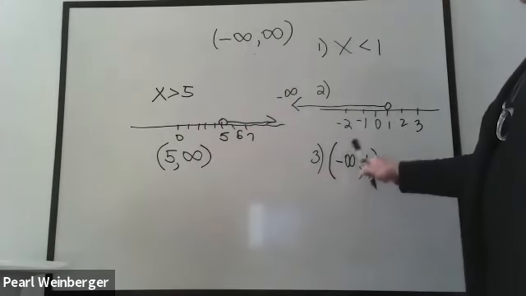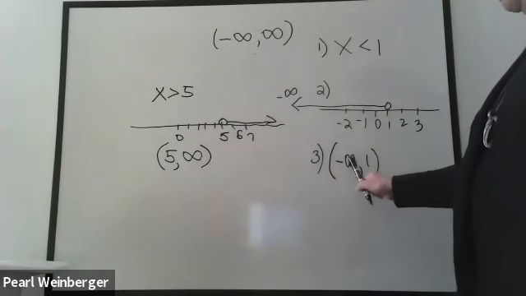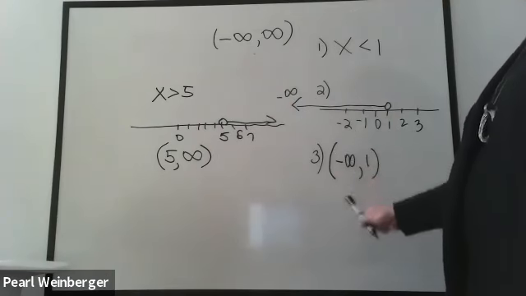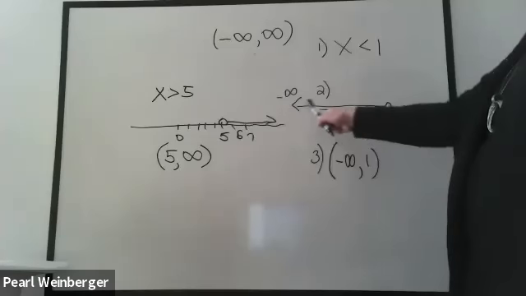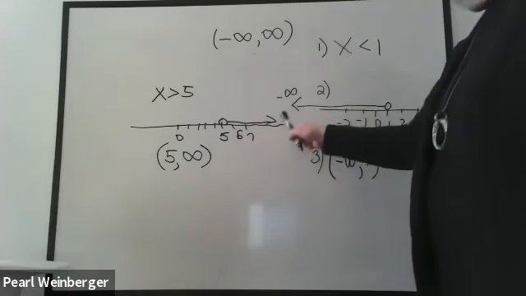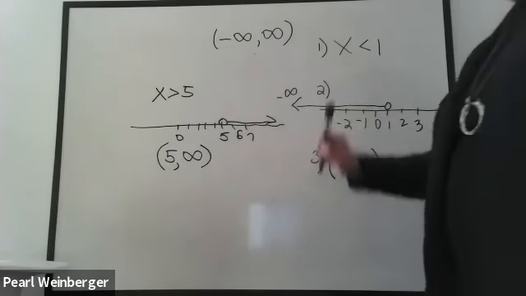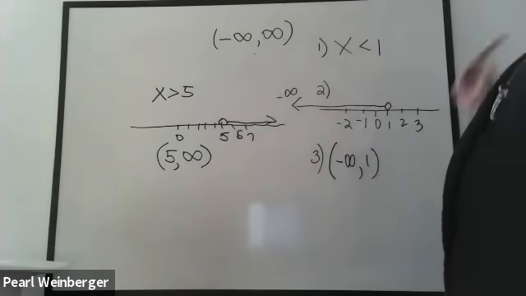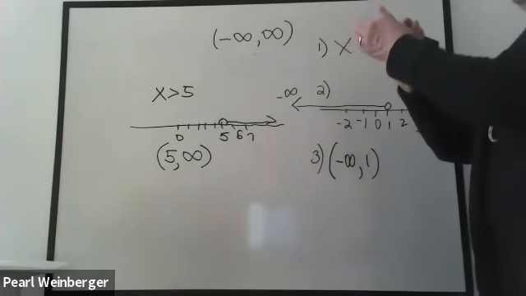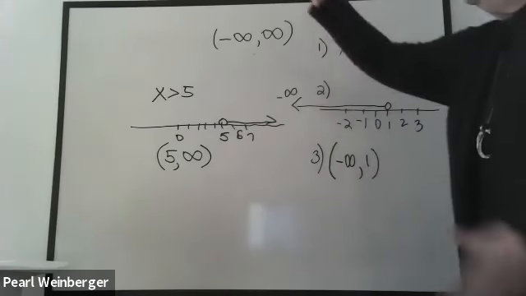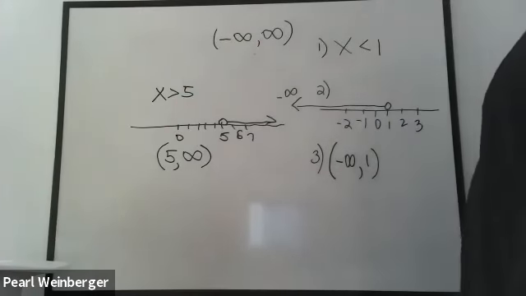Whereas negative infinity, the only position it can be in is the first position, because you can never end an interval at negative infinity. You can never start an interval at positive infinity. You can go to infinity, or you can start from negative infinity, but you always have to consider you're going from the left to the right.